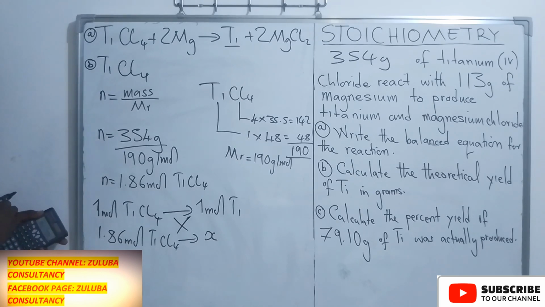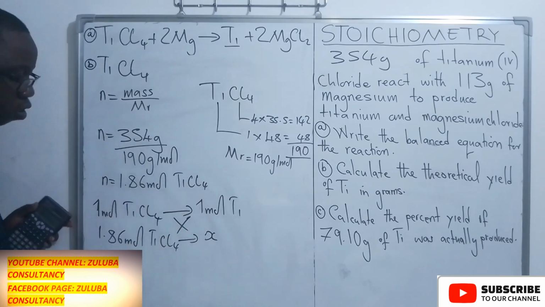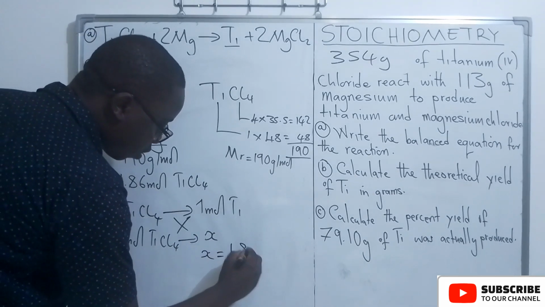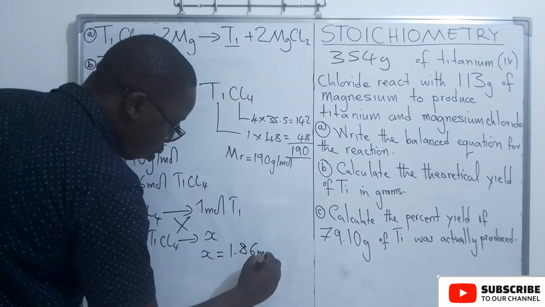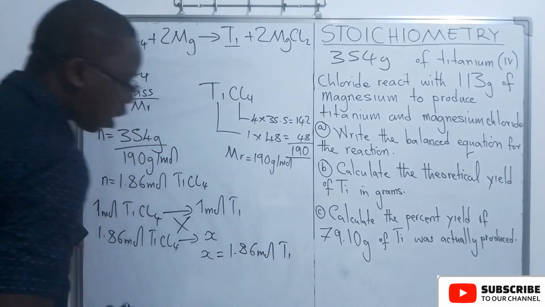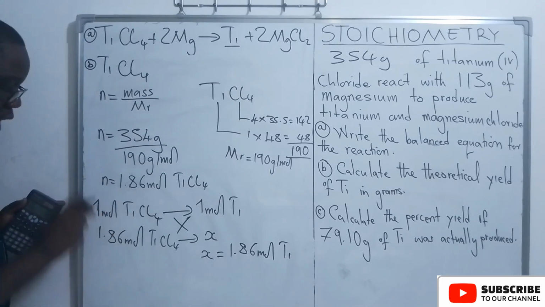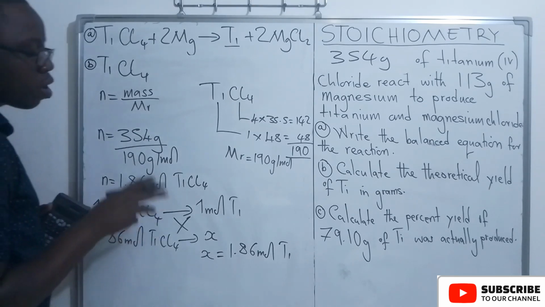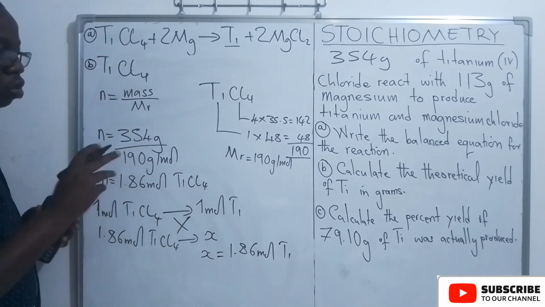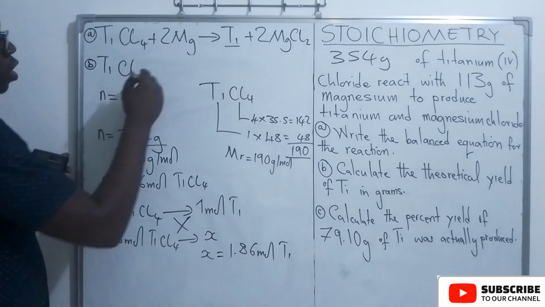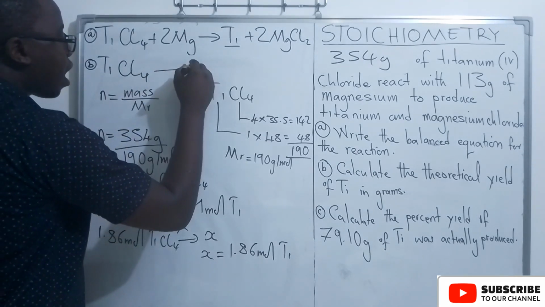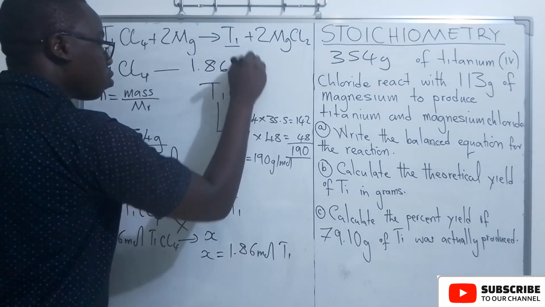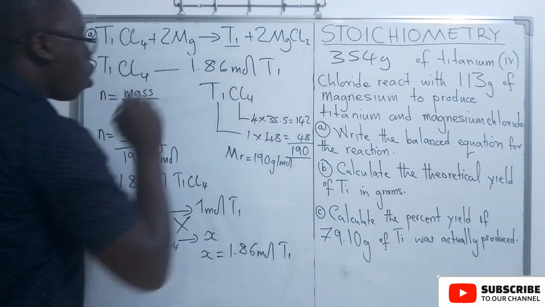Because this is a 1-to-1 mole ratio, X will still be 1.86 moles of titanium. So when 1.86 moles of titanium chloride is used, 1.86 moles of titanium can be produced.